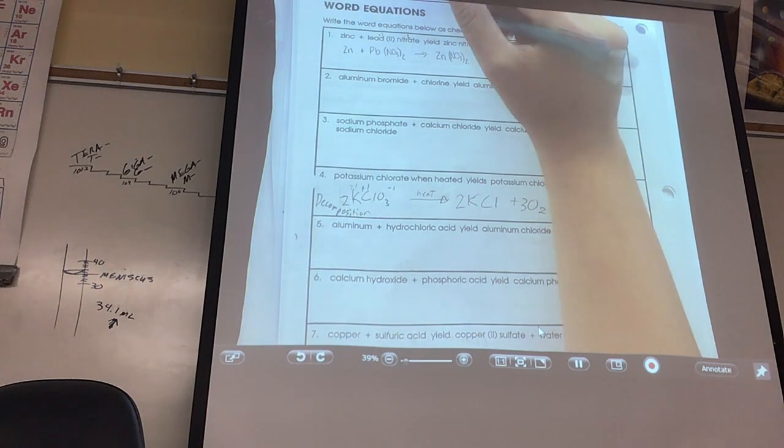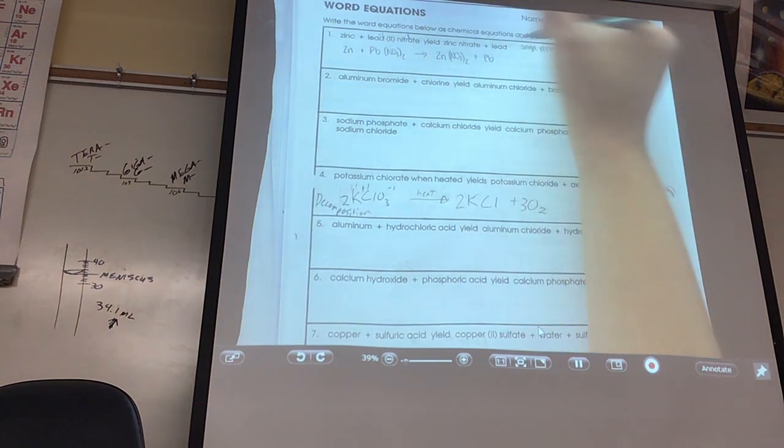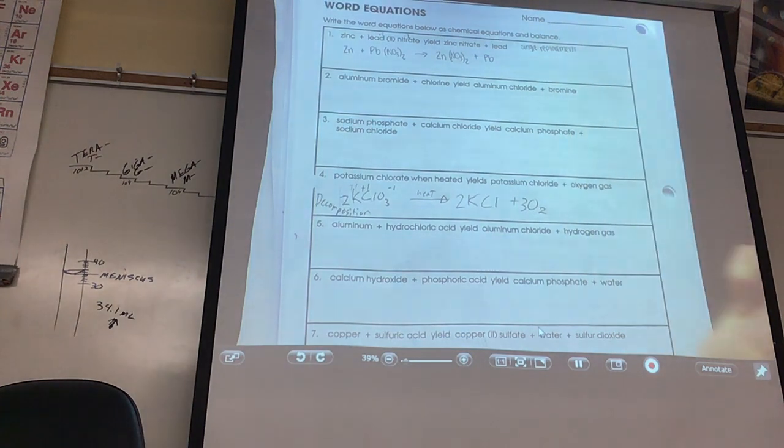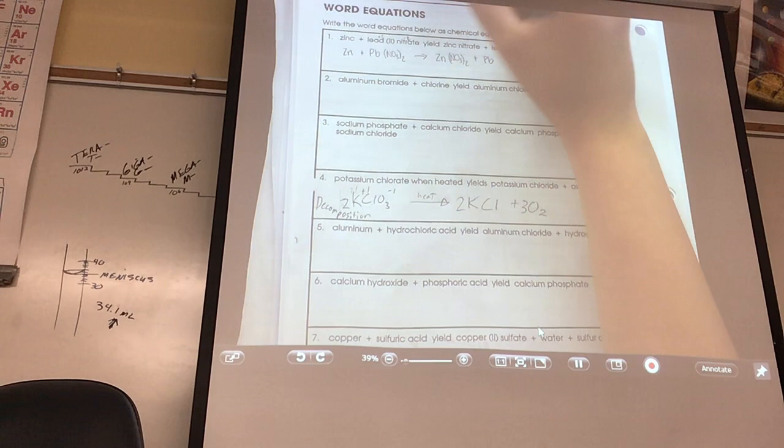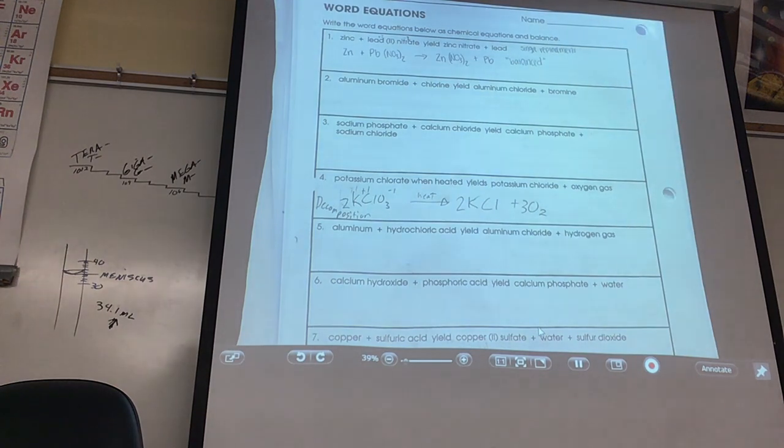Okay, go ahead. And then lead, which is Pb. All right, and do you wanna balance it? Yeah, it is already balanced. Okay, so you have to write the word balanced. Now, it just happened to be a coincidence that the lead was +2 and the zinc was +2.